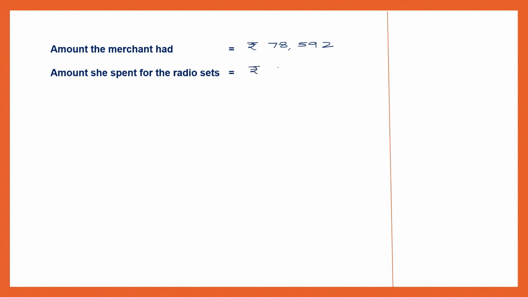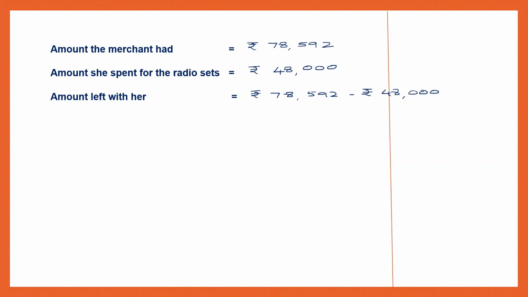She spent 48,000 for the radio sets. So now to find the amount that was left with her, we should subtract these two amounts, that she had in the beginning and the amount that she spent for the radio sets. So we have to subtract 78,592 and 48,000. So we have to subtract these two.